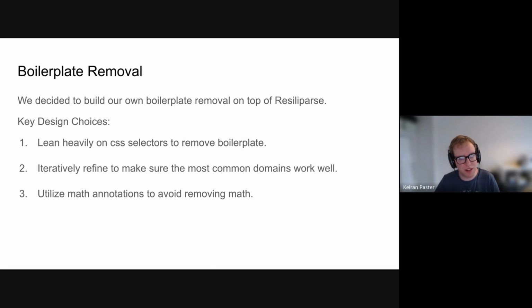Two, we iteratively refine the text extraction to make sure it works really, really well on the common domains that we have. And three, since we're developing all of this vertically, we can use the math extraction annotations that we gathered before to avoid removing any components that have math.